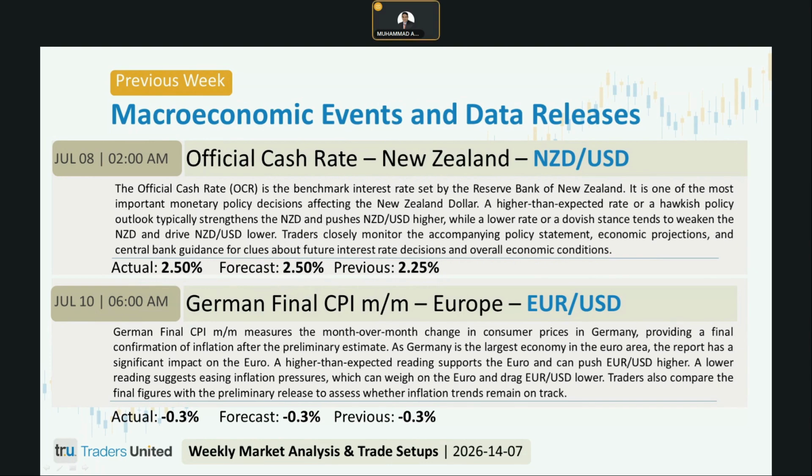The official cash rate was increased to 2.50, matching market expectations and rising from the previous 2.25 number. Despite the rate decision matching forecast, NZD/USD moved higher following the announcement.